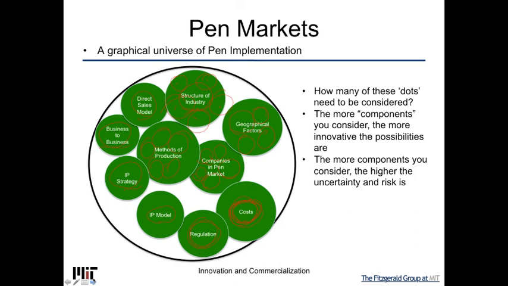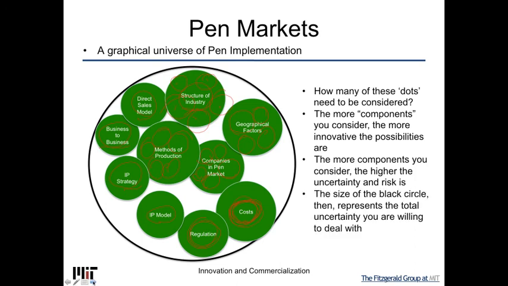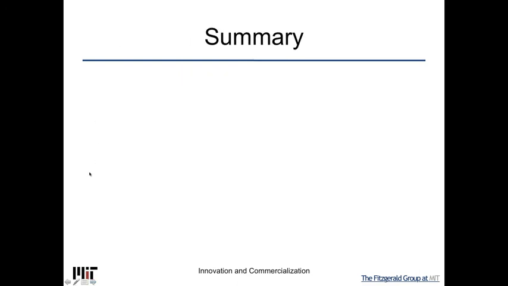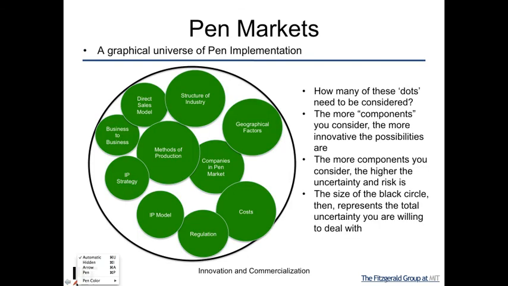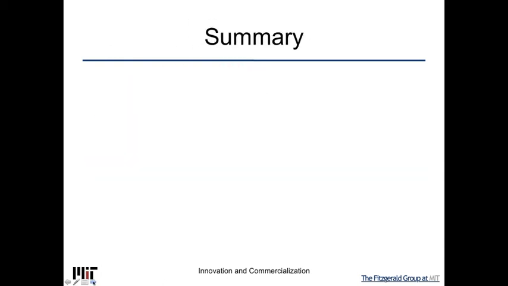So considering more things and trying to really jump into a different space is higher risk, but of course higher payoff if you succeed. And so the size that encompasses these other factors that we're willing to open up and consider represents the uncertainty in our little model here.